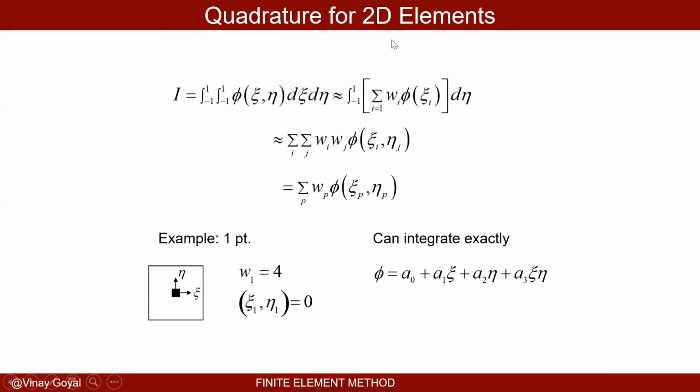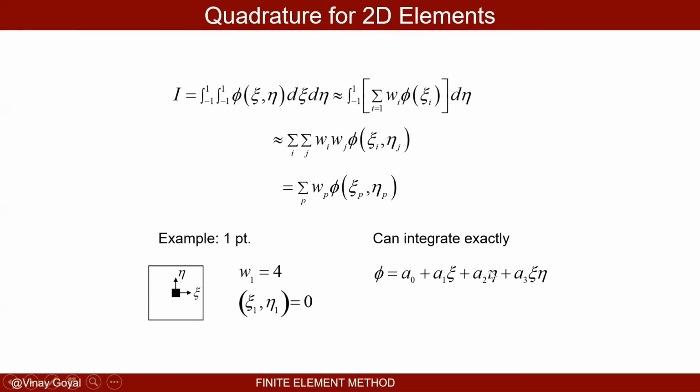The quadrature for 2D elements is similar, the way you're going to go about that. You're going to have the summation of Wi, Wj, phi at c i, eta j. For 1 point, W1 is 4, and c1 and eta1 are 0.